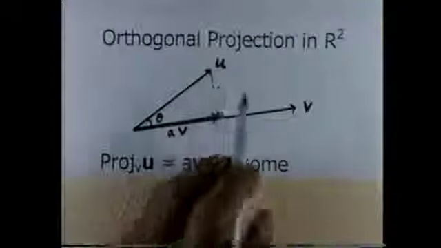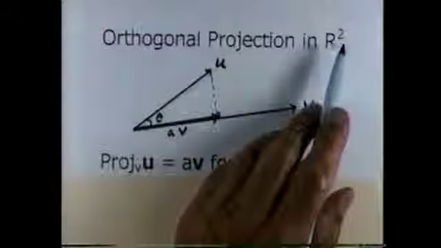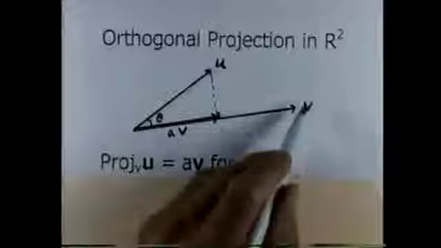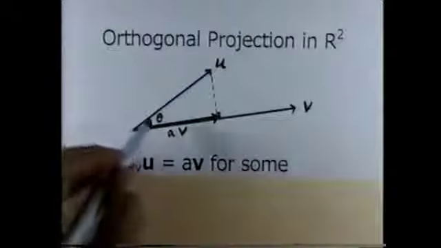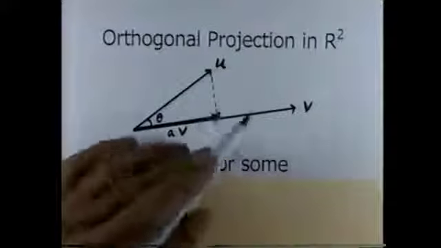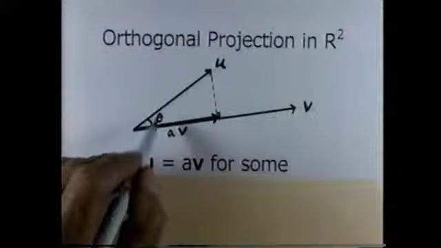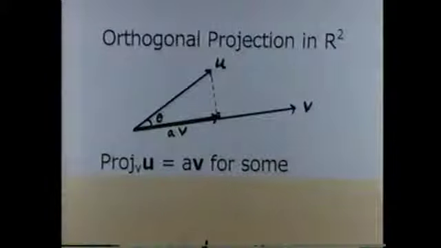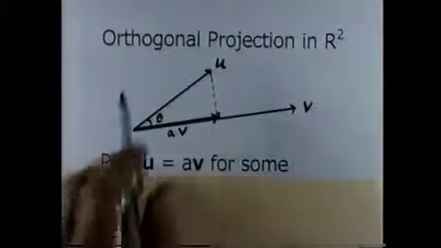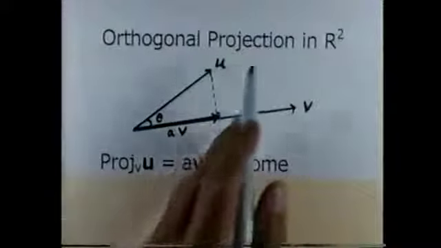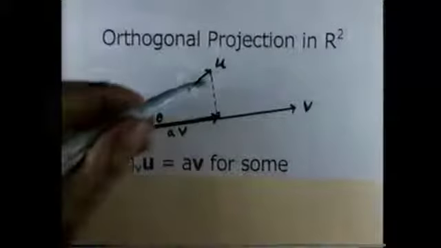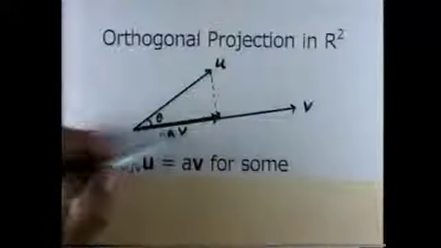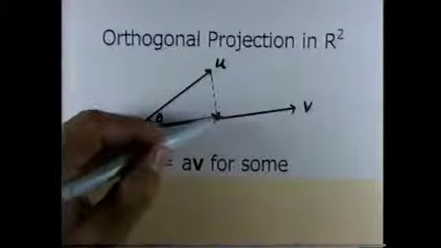Okay, now let's go back and consider the plane, R2. We have a vector V, we have a vector U, and the angle formed between the vector U and the vector V is theta. The orthogonal projection of U onto V is going to be this vector.